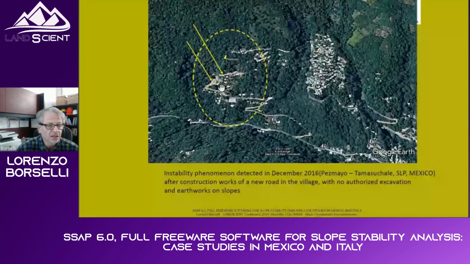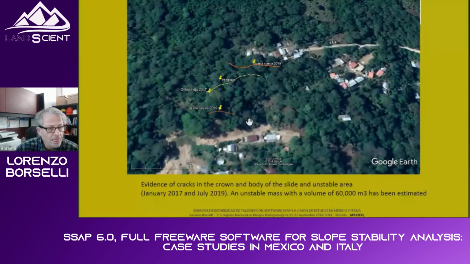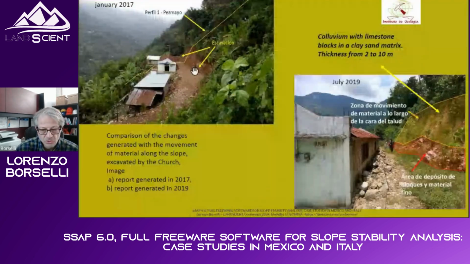This brought instability, producing at different times cracks and a progressive deformation of this. You have two situations, two moments of a progressive deformation of the slope. Where is the slope?